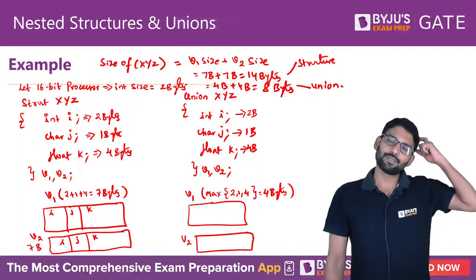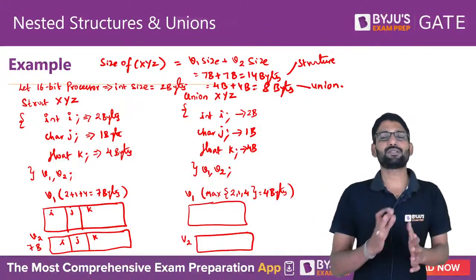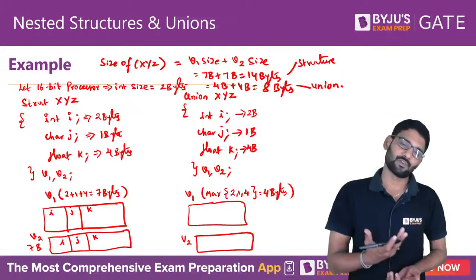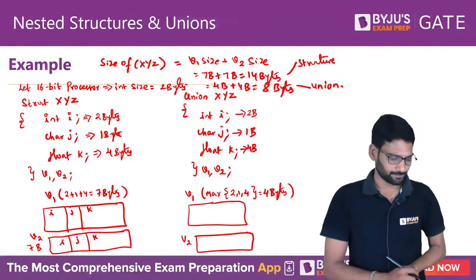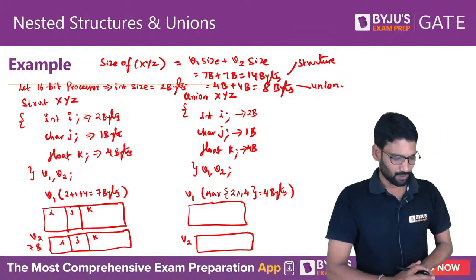So the size of the structure or the size of the union is equal to the sum of its variables' size, whether it is a structure or union. Understood? Shyam, Trivikram, Arun and everyone?